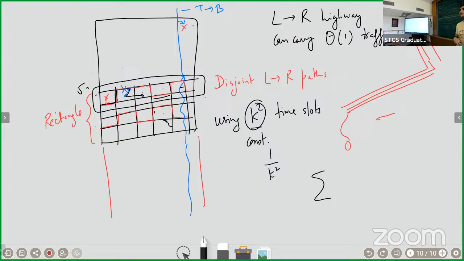And then the number of people sharing that line, because the subdivision of this rectangle will ensure one path is dedicated to all the nodes lying in it, and you have to show that is at most square root n. So overall, I have order 1 communication happening over this path, and n people are going to share it. So each one is going to get 1 by square root n.